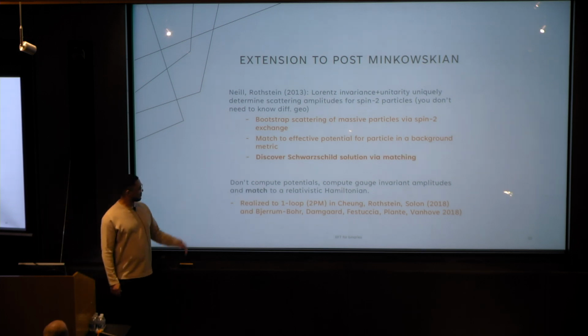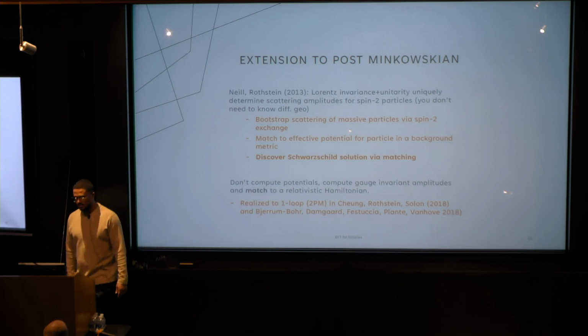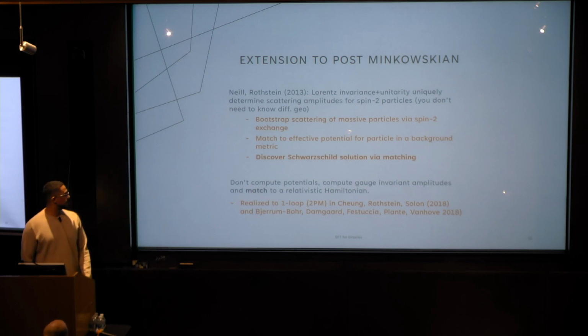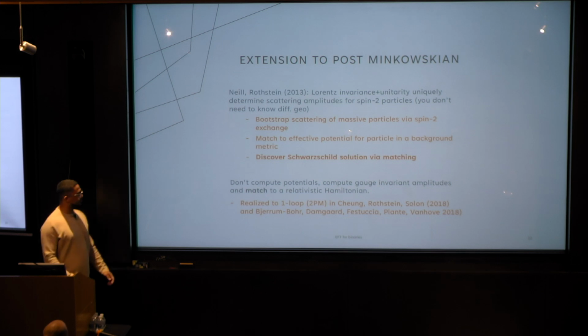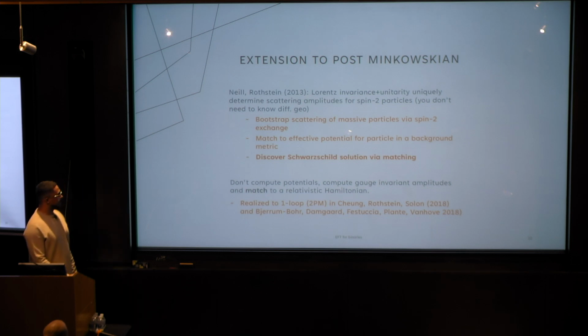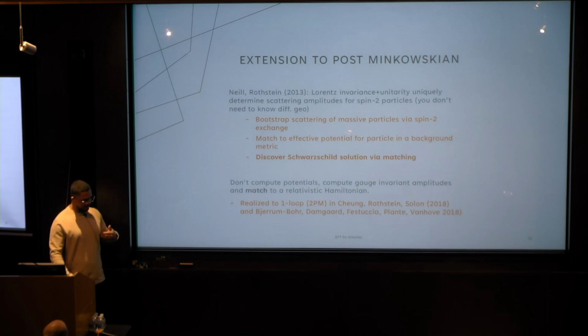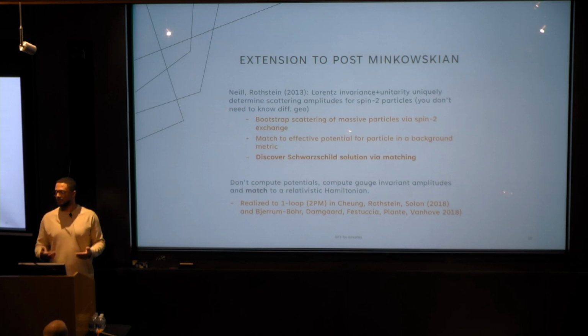The main lesson to come from that work that really started to drive this field is maybe we shouldn't be computing things like potentials. Potentials are notoriously gauge-dependent, subject to some of these ambiguities that I mentioned before, and they're natural for a non-relativistic expansion. But if we have fully relativistic data coming from scattering amplitudes, perhaps we should do something else.